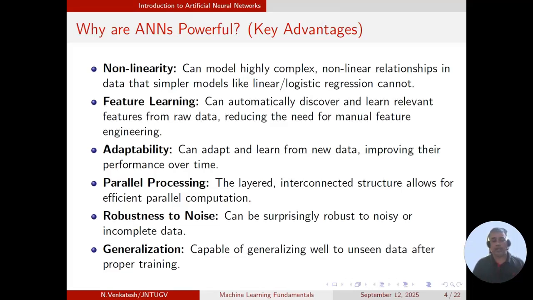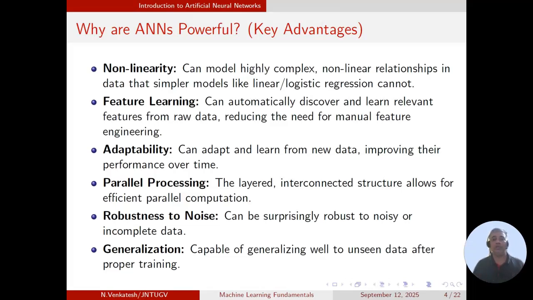And we had seen one of the ideas that they had borrowed from the biological neuron, the parallel processing capability. As the neurons are kept in these interconnected layers, it allows efficient parallel computation. And in the experiments, what they found is that it is robust to noise.